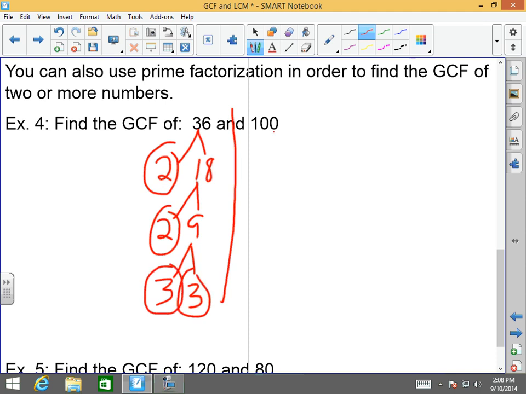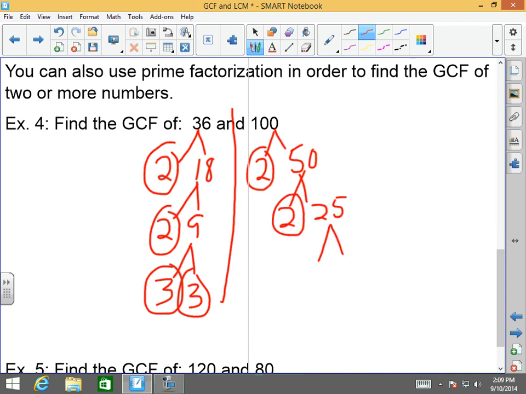Let's break down 100. 2 times 50. 2 times 25. Circle the prime. And then 25 is 5 times 5. Circle the primes. Now, your GCF, my friends, is the product of matching pairs from one side to the other.